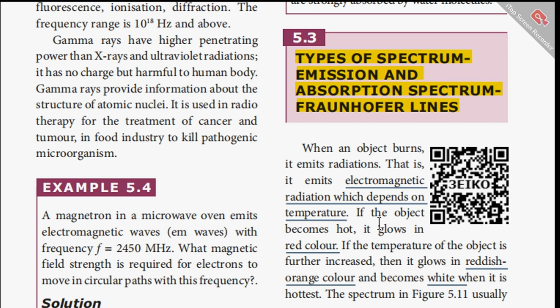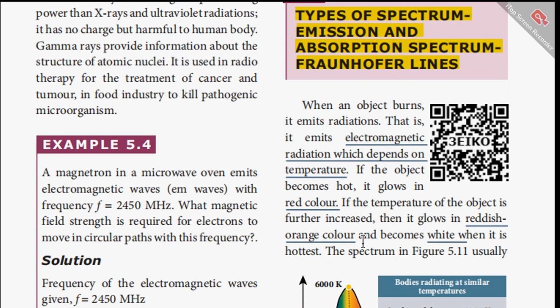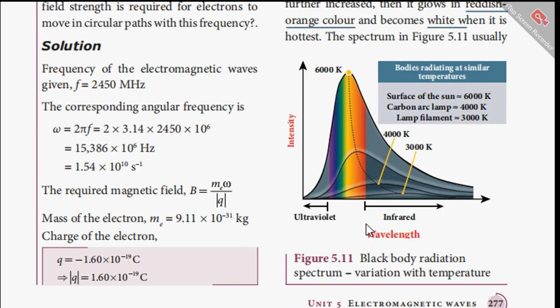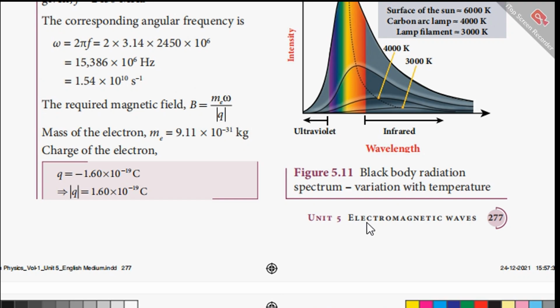If the object becomes hot, it glows in red color. And if the temperature is further increased, then it glows in reddish orange color and becomes white when it is hottest. So the spectrum in figure 5.11 here is usually called a black body spectrum.